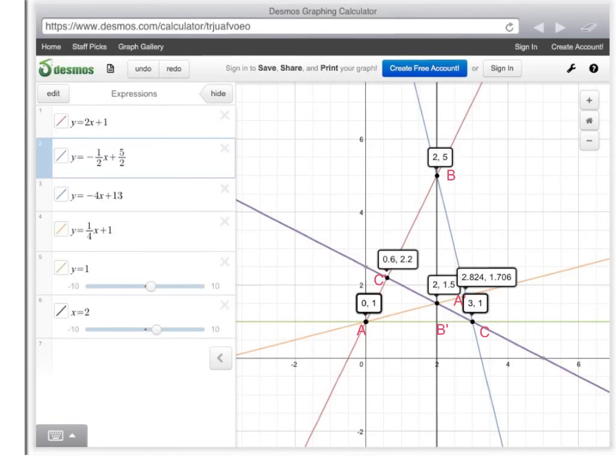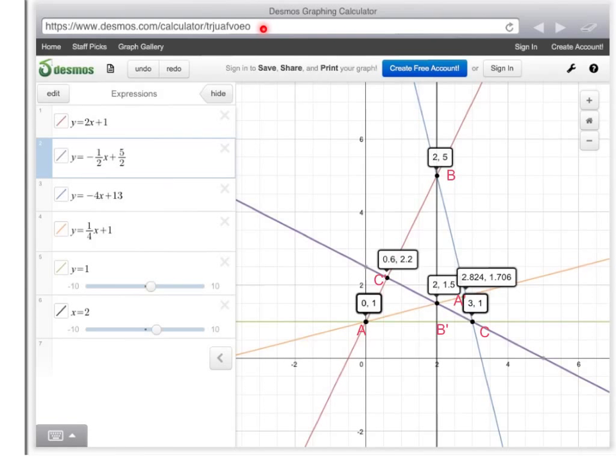And now we pretty much have all the points of interest. A with coordinates 0 and 1, B 2 and 5, C 3 and 1, C prime 0.6 and 2.2, A prime 2.824 and 1.706, B prime 2 and 1, and if we draw this graph, I used the Desmos online calculator.